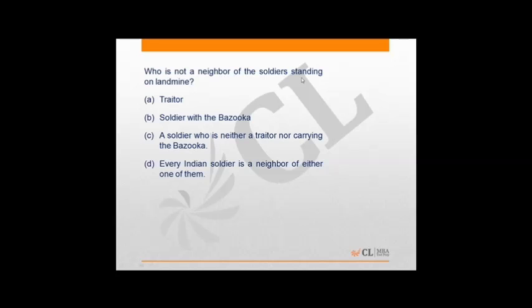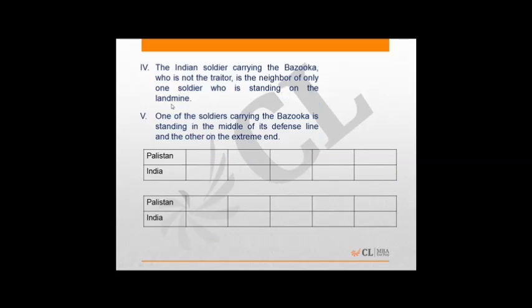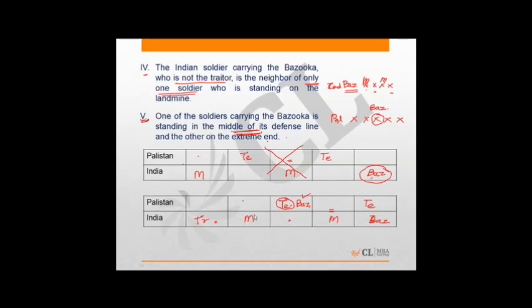Next question. Who is not a neighbor of the soldier standing on landmine? So let's look at this. Traitor. Can he be the neighbor of the soldier standing on landmine? So let's look at the combination we have. The combination we have is such that the two Indian soldiers who are standing on the landmine will always have every other three Indian soldiers as their neighbors.